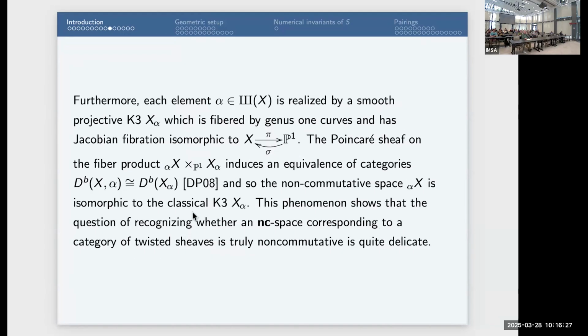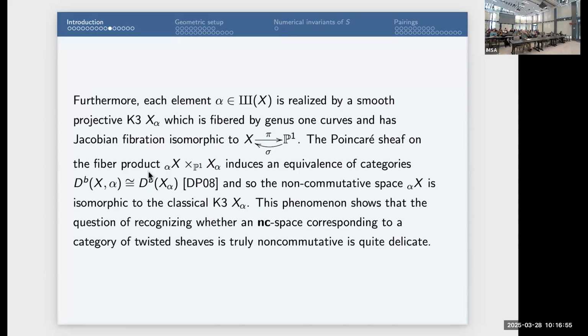In other words, each element alpha in the group is realized by a smooth projective K3 surface X_alpha, which carries a genus 1 fibration with no section. The trivial class is the one that has a section. The others have genus 1 fibrations, and then the relative Jacobian is the K3 surface X, with different K3 surfaces.